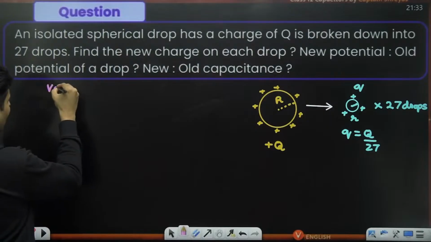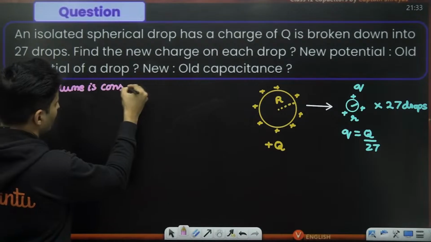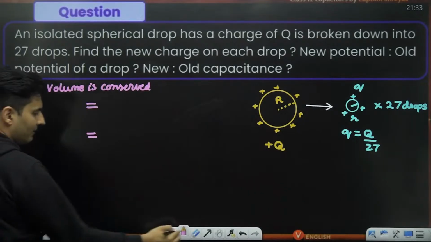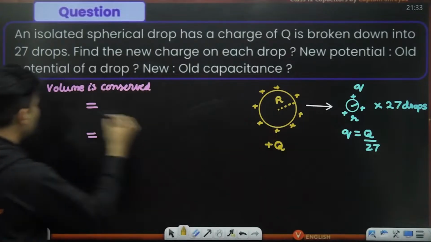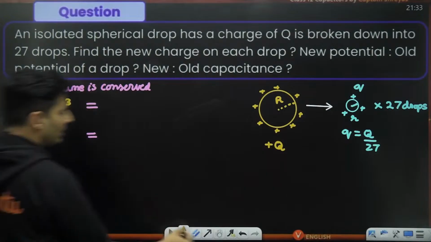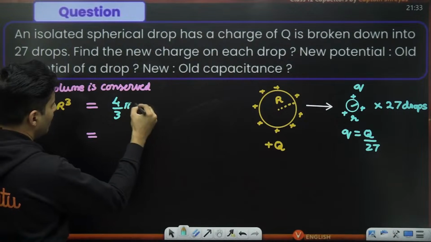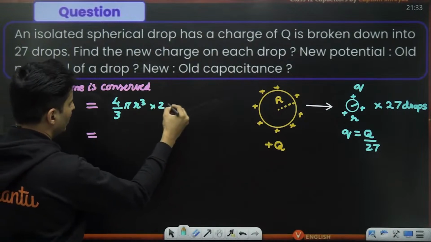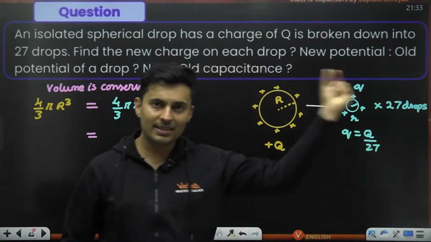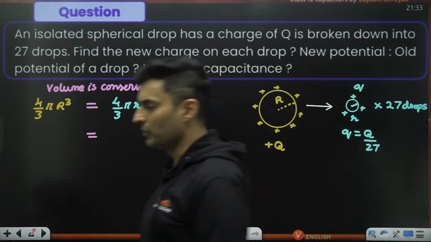So volume is going to be conserved. So what is the initial volume versus what is the final volume? Initial volume is 4 by 3 pi R cube. The final volume is 4 by 3 pi small r cube, but there are 27 such drops. So the total volume of 27 such drops is this big solid sphere's volume.